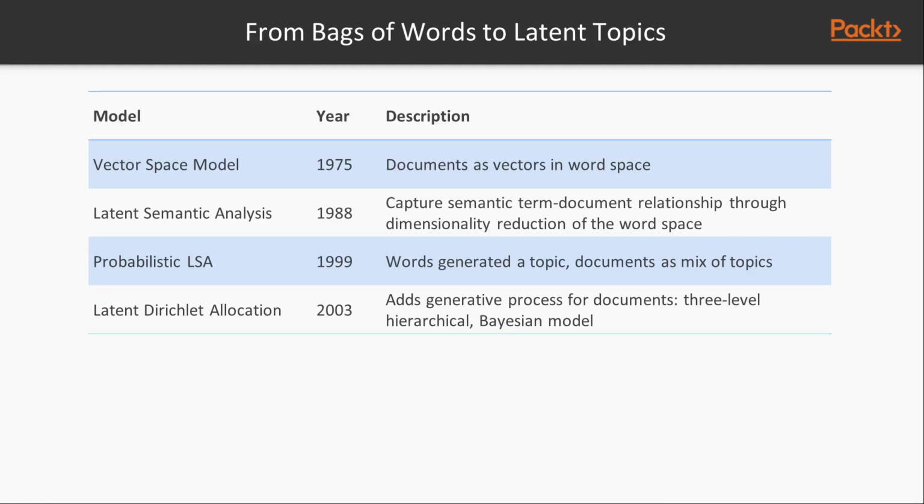So here's an overview of key milestones in the field over the last 40 plus years, starting with the vector space model, introducing how documents can be represented as vectors or simply a sequence of numbers. Moving on to dimensionality reduction, a linear algebra approach that tries to uncover hidden latent topics in a lower dimensional space.